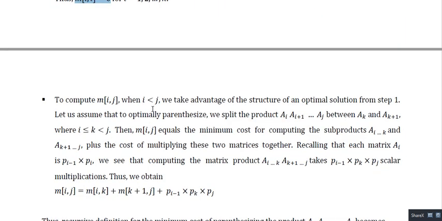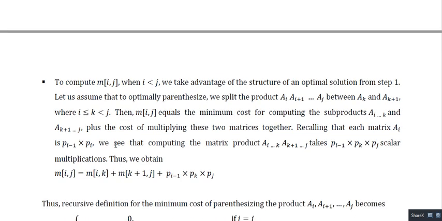If we are doing the division around any point k where k lies between i and j, then the cost m[i][j] will be m[i][k], the minimum number of scalar multiplications required to multiply the sequence i to k, plus m[k+1][j], the minimum required to multiply the sequence k plus 1 to j, plus the number of multiplications required to do the multiplication around the point k.